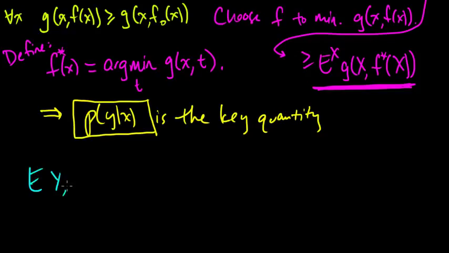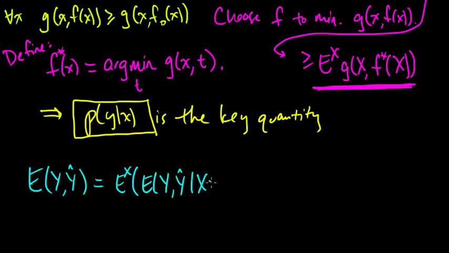The law of iterated expectations says this expected value over x and y, we can write as the expectation with respect to the marginal of x of the conditional expectation of this thing, y with y hat, given x.